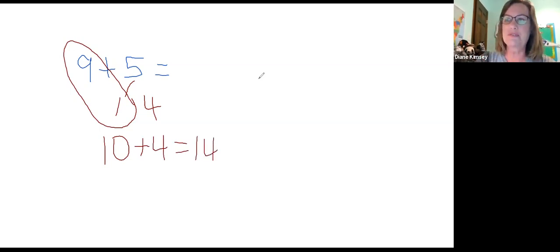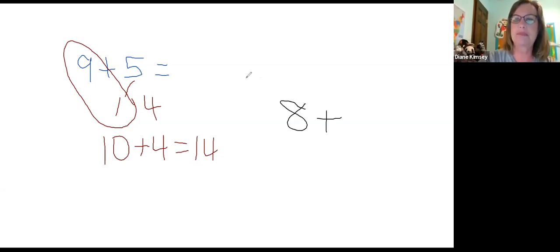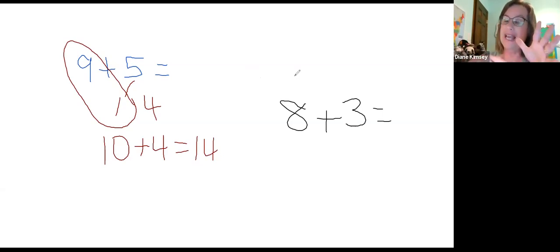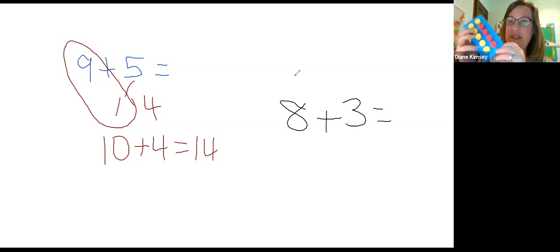And after we do several of these math problems, the kids are going to start with the mental math of being able to see how 9 plus 5 equals 14. You probably won't have to do very many of these, but it's a way that we practice and we teach the kids. How about if we do 8 plus 3? And so what would you suggest that we do? Well, I would recommend that we turn the 8 into a 10. And so again, the kids are used to using the 10 frame.